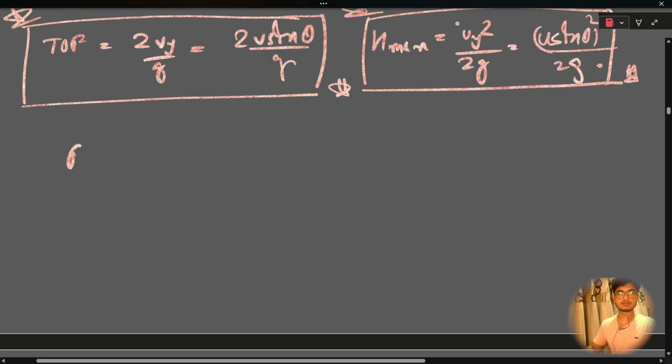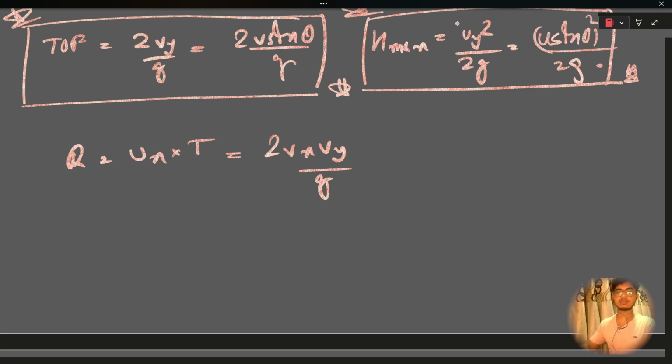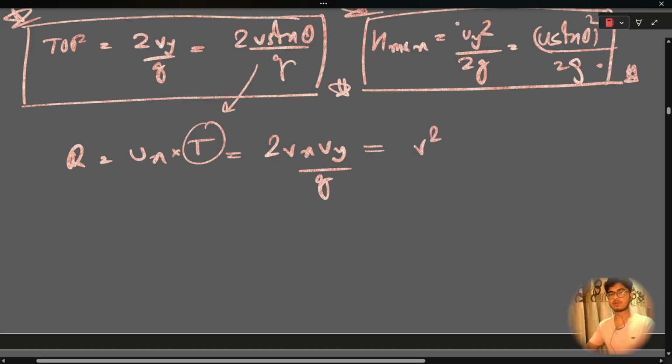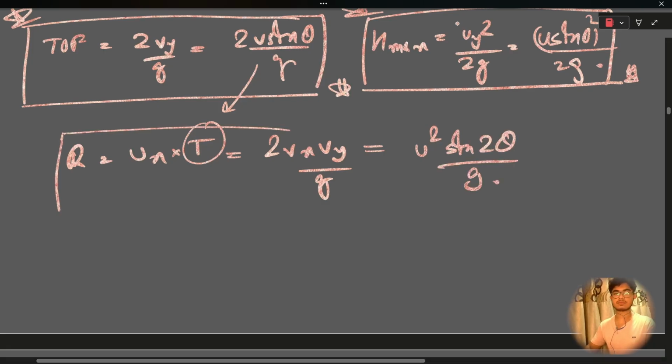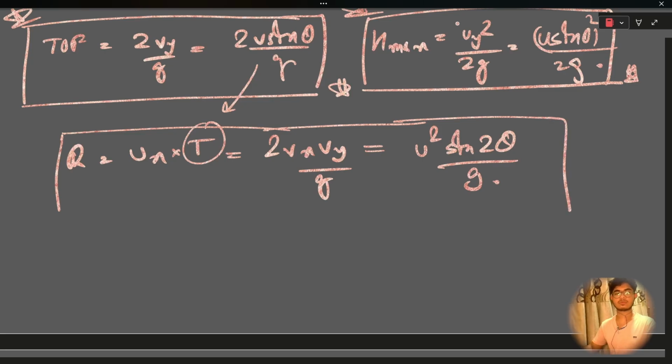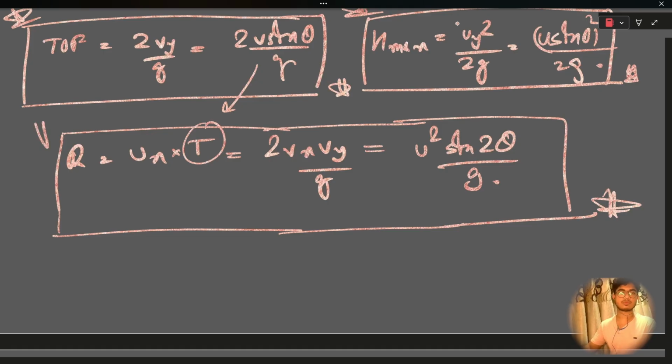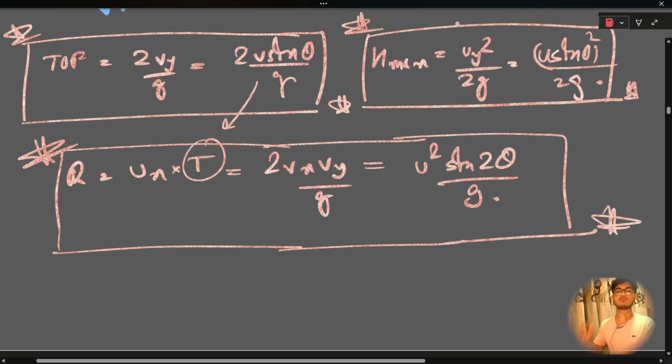And range is, first of all, it's Ux into T. Second, you can write it as 2VxVy by G by putting the value of T from here, equal to U square, suppose this is the initial velocity, sin 2 theta by G. These are the formulas of projectile.